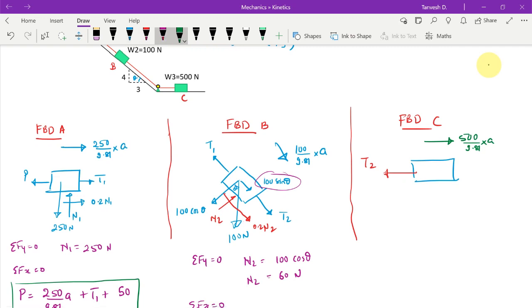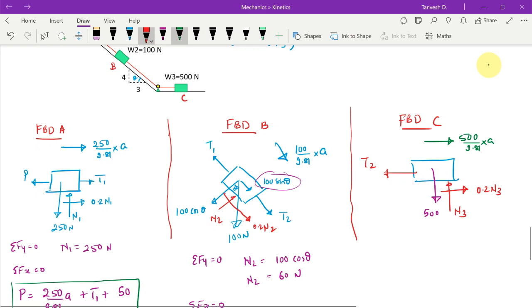We have the weight acting downwards, which is 500. The reaction would be your N3, I would say, and since the movement is to the left, the frictional force will be to the right, which is 0.2 times N3, right?